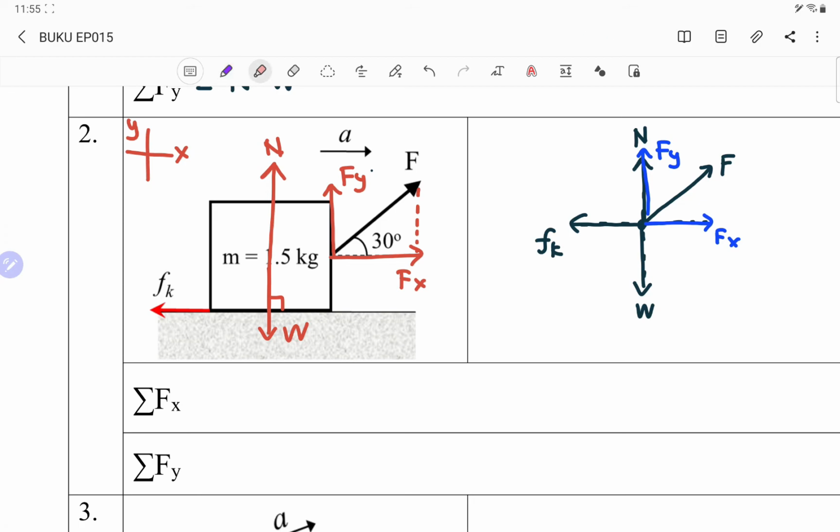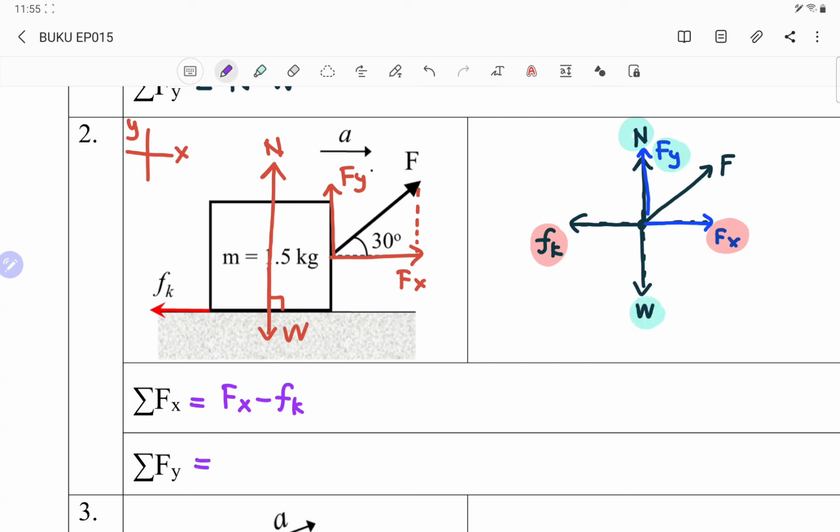So to write the equation for the x-axis, kita tengok pada paksi x kita ada komponen apa. Kita ada Fx dengan Fk. So therefore, equals to Fx minus Fk.